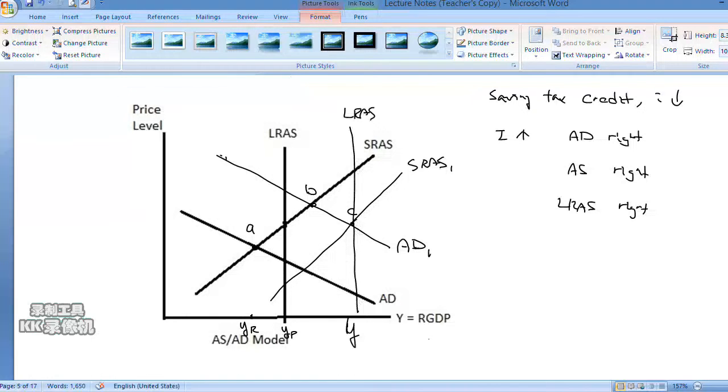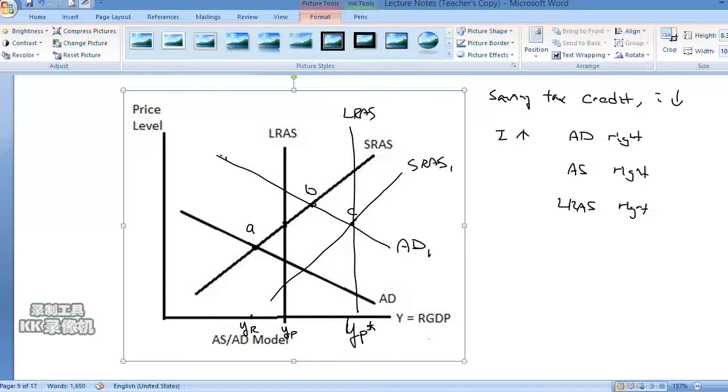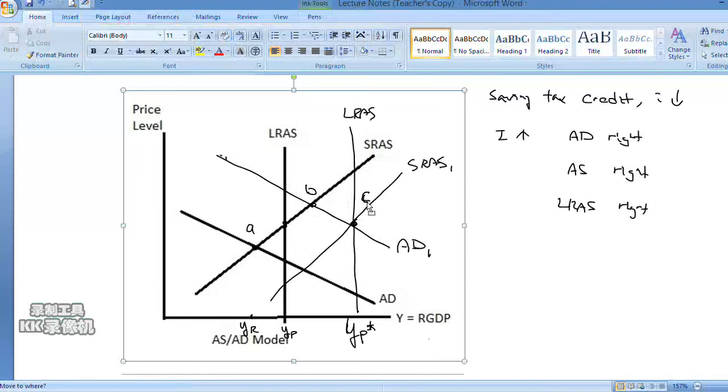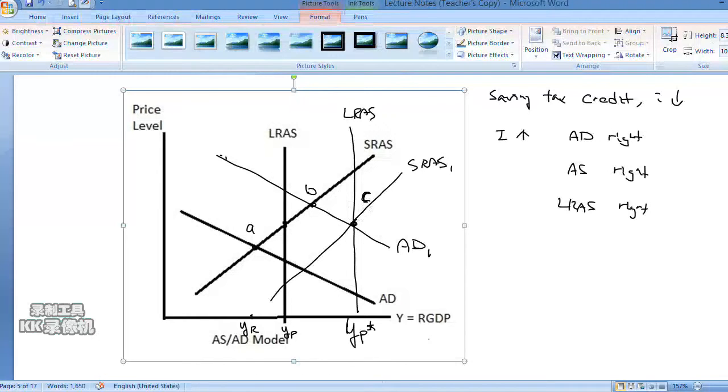So this is the new potential output. This is probably the best situation we can see. We are producing at a much higher level due to the supply side effect. If we can shift the long run AS curve, the economy will be able to produce a lot more than before. This is also an outward shift of the production possibility frontier.